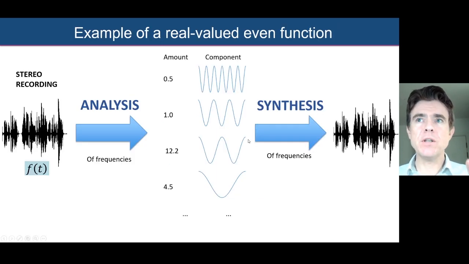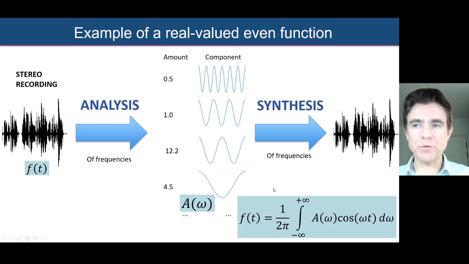Okay, so let's now get the mathematics sorted for this. What we're saying is, in summary, we've got f of t now being analysed into some amount a for frequency omega. We know from before that we can write down the synthesis expression here, saying f of t is just a summation of cosine frequencies with varying amounts a of omega.